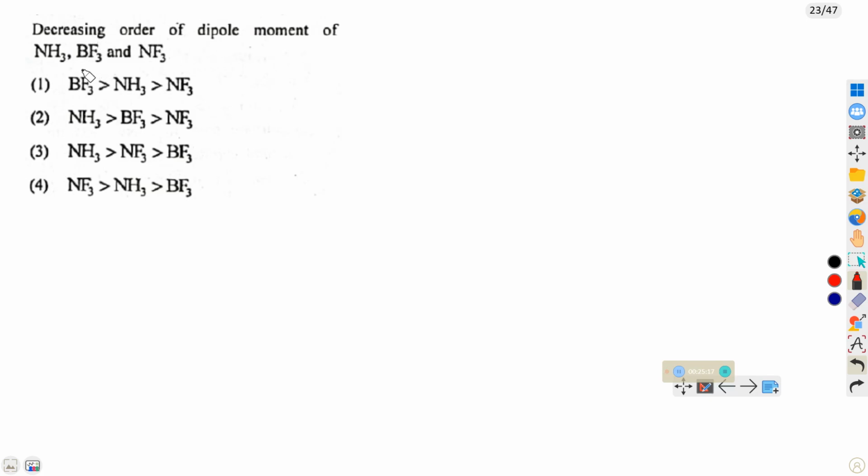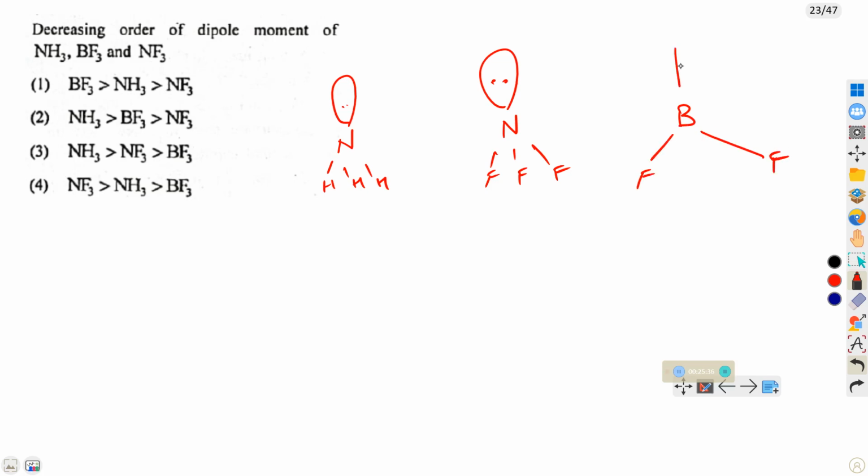Decreasing order of dipole moment of NH3, BF3, NF3. Take NH3, pyramidal, NF3, BF3. We know that BF3 molecule mu value is equal to 0. Remaining two cases mu value not equal to 0. Because BF3 is trigonal planar and lone pair of electrons are absent, mu value is equal to 0.